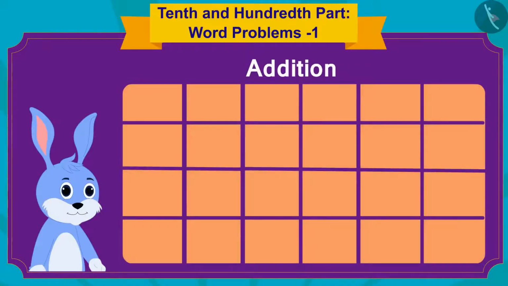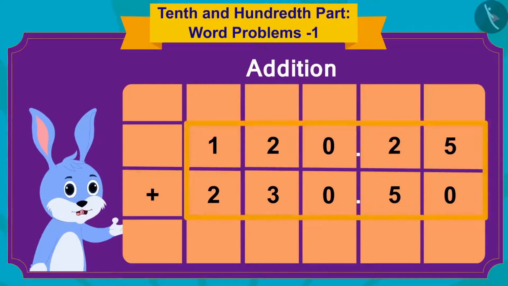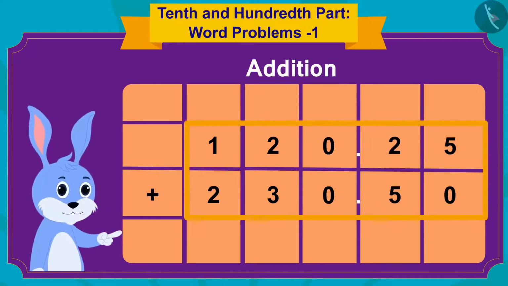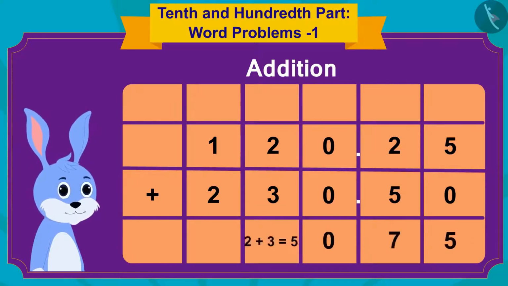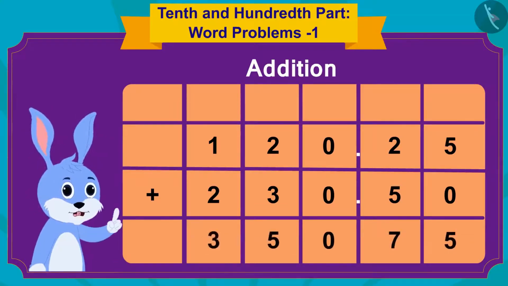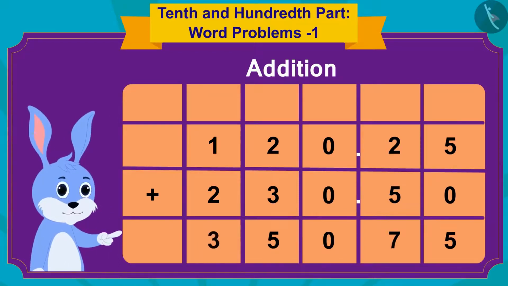Bunny immediately wrote this addition on a paper. I will first do this addition like a simple addition. This gives me 35,075.